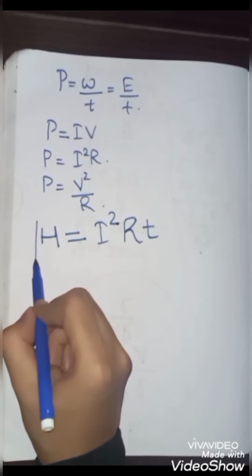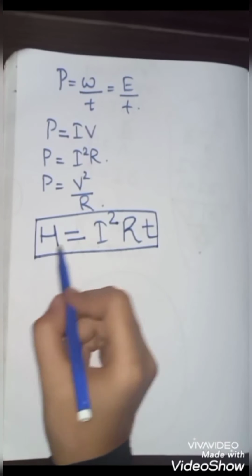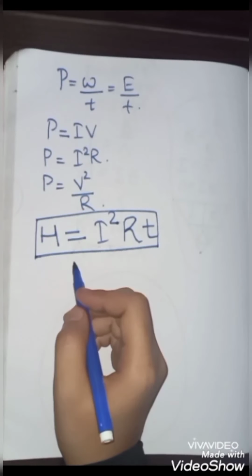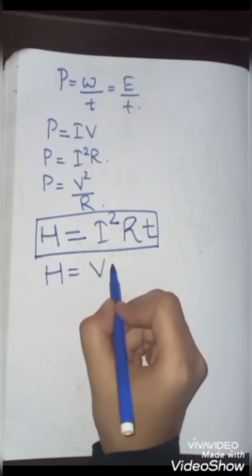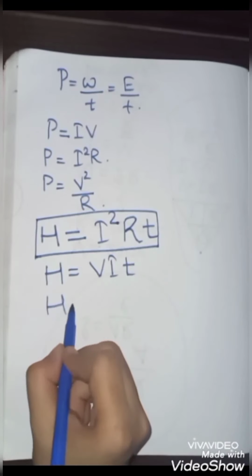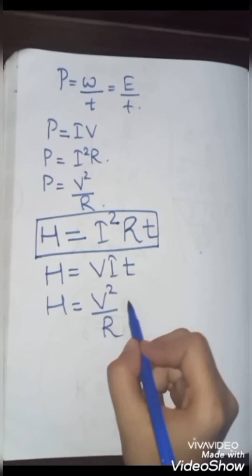That is, we get the equation H is equal to I square RT, and this equation can be converted into two other forms, that is H is equal to V into I into T, and H is equal to V square by R into T.